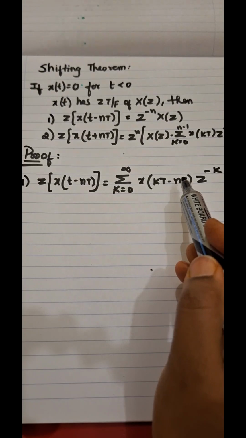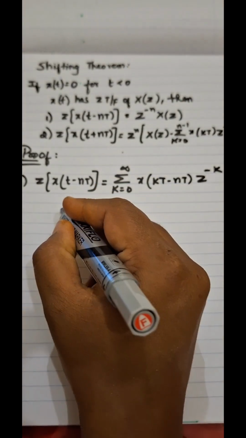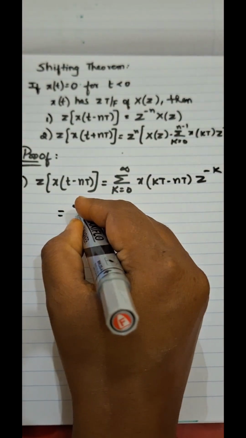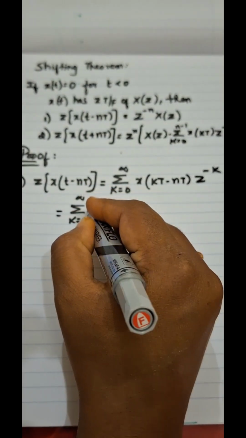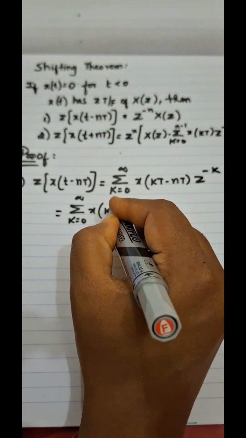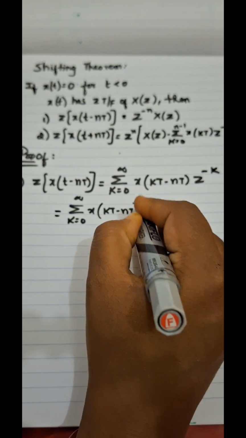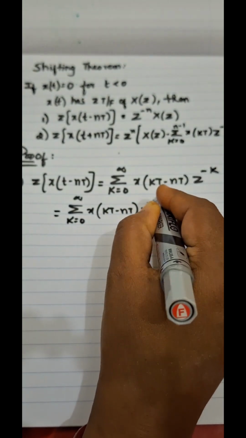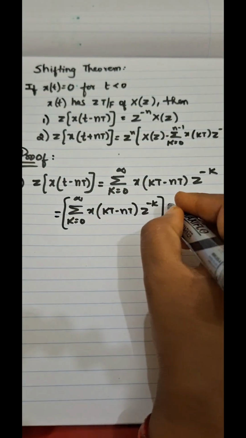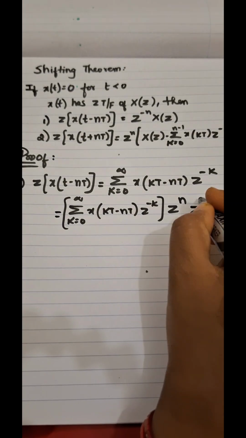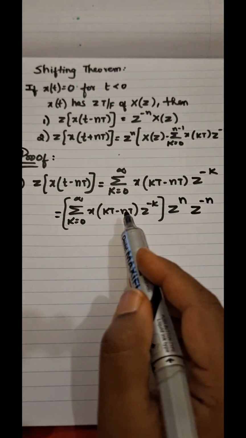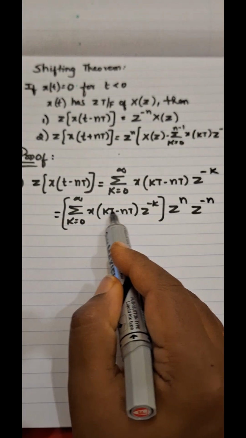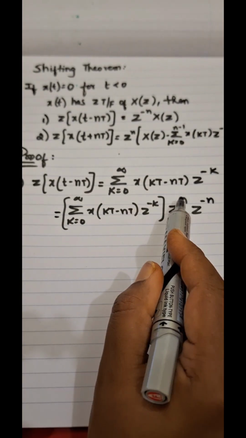Now I can write this as sigma k equals 0 to infinity x of kT minus nT z power minus k, and I am doing z power n, z power minus n as an extra multiplication because I want k minus n, and n is missing here.